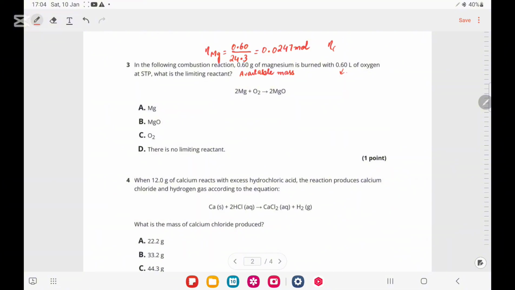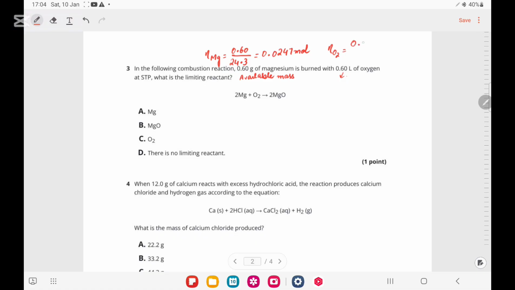Then the mole of oxygen is the volume, 0.60, divided by molar gas volume, which is 22.4, and the answer comes out to be 0.0268 mole.